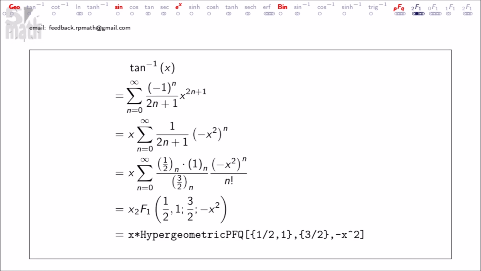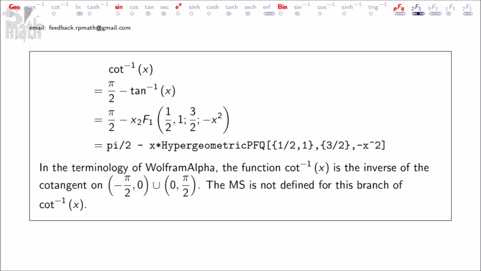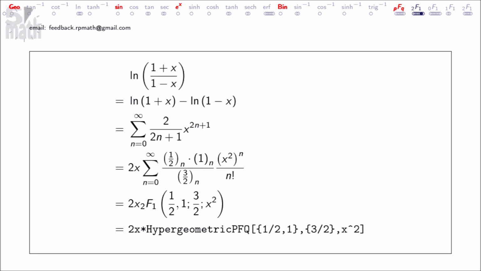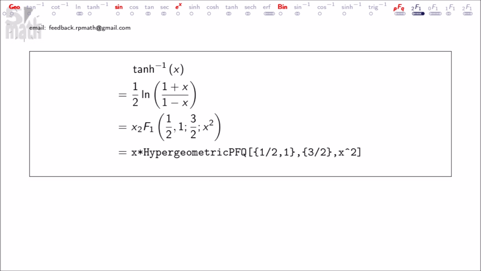Inverse tangent. Inverse cotangent. Logarithm 1 plus x. Logarithm 1 plus x over 1 minus x.